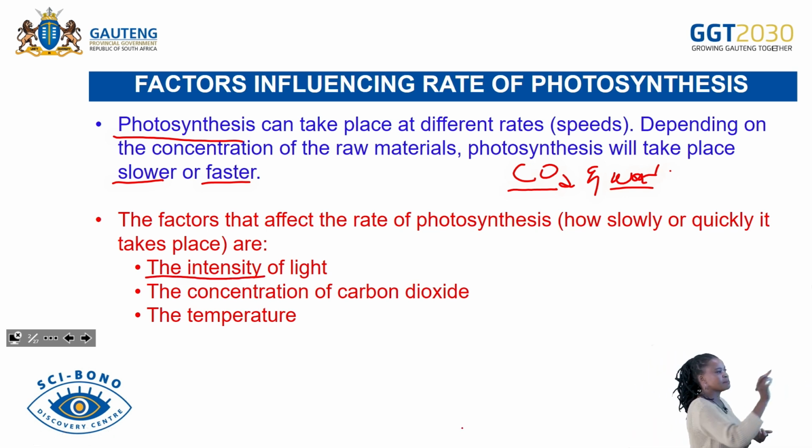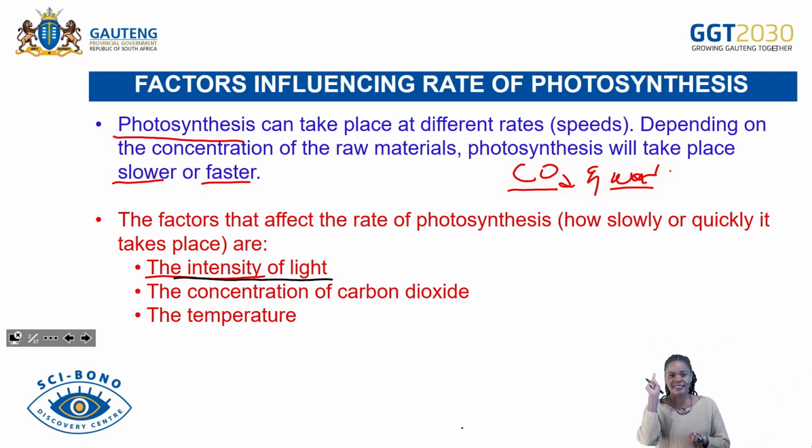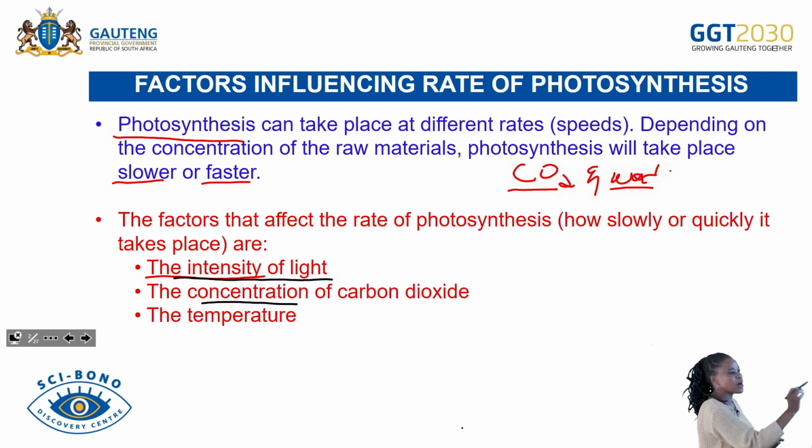The first one will be the light intensity, or the intensity of light. The second factor that can contribute to the process of photosynthesis will be the concentration or the amount of carbon dioxide.